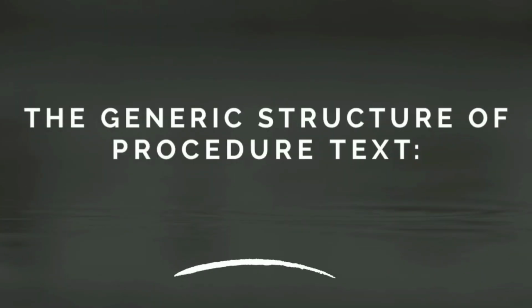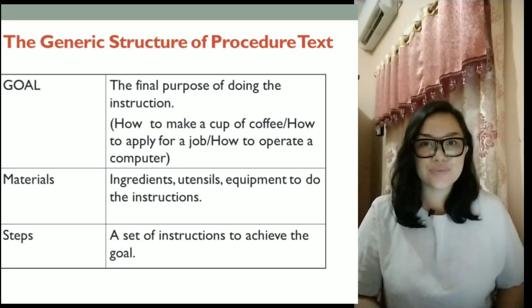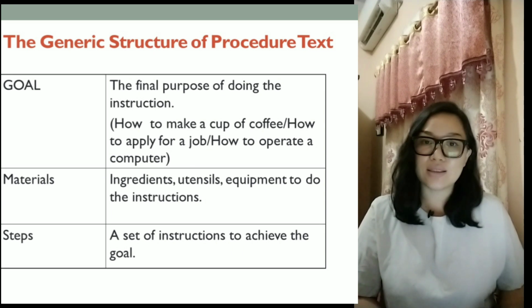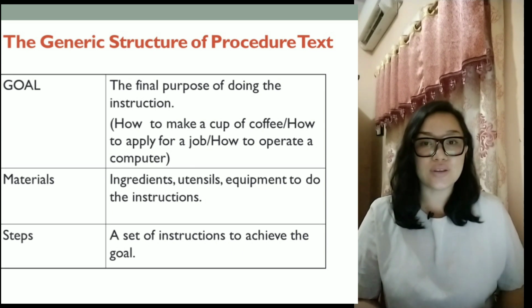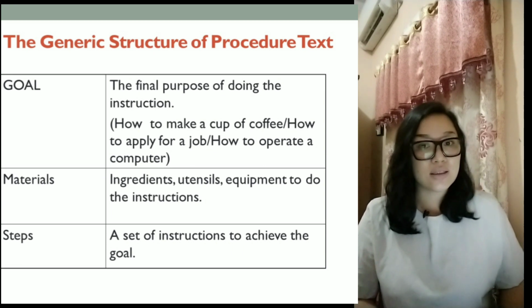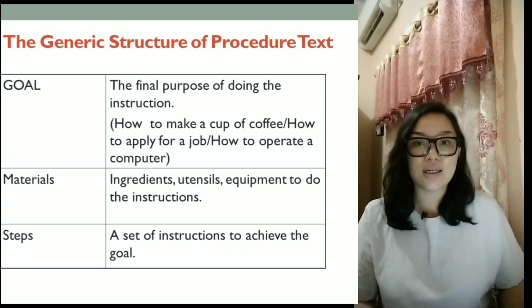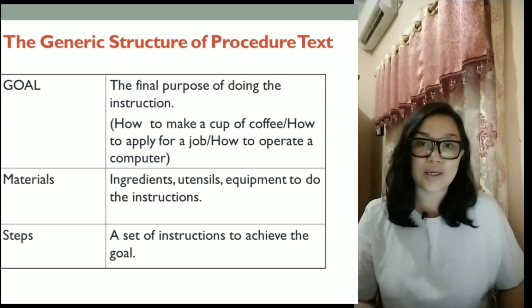The second, the generic structure of procedure text. Ini adalah langkah-langkah penulisan teks prosedur. Ada 3 bagian. The first is goal or the final purpose of doing the instruction. Yang kita tulis di sini adalah judul dari teks prosedur yang kita buat.